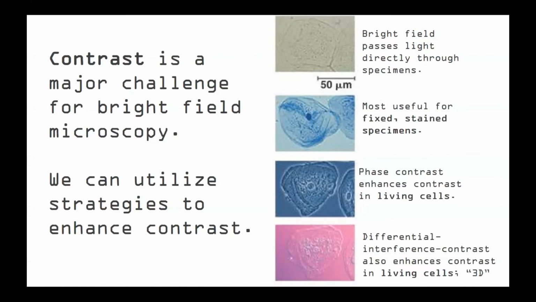In order to try and get around this issue, we can also play some tricks with light. So instead of using a chemical stain, we can use optic techniques with phase contrast and differential interference contrast microscopy that will allow us to have a little bit more contrast, but still have these unfixed living cells.